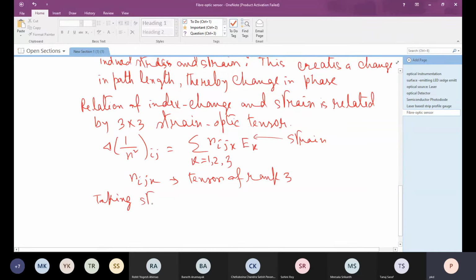Taking strain in ij commutative, the index ij is replaced by a single index.